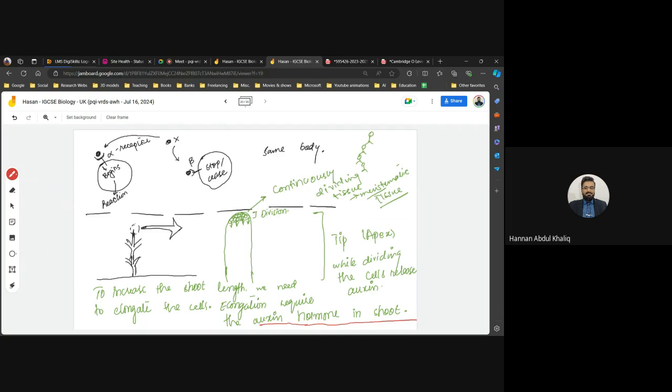But the receptors of adrenaline in stomach, when receiving the adrenaline, are causing the vasoconstriction. That is the effect of a hormone. Is it clear? Okay. Similarly, when it comes to the auxin, in shoots, the auxin would promote the elongation, but in roots, the auxin would inhibit the elongation.